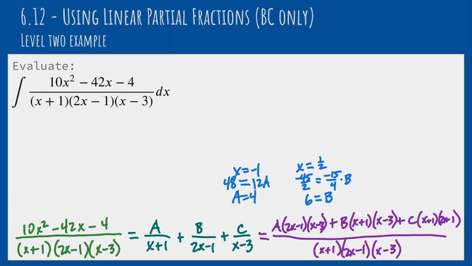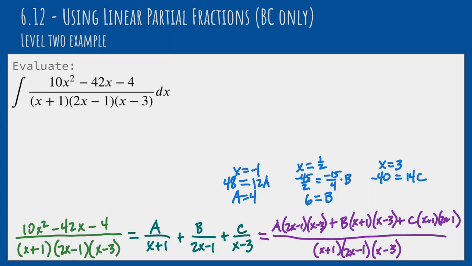Okay, last one, we're going to say x equals 3. So for x equals 3, we're going to have 10 times 9 is 90, minus 126. So we're at -36, minus 4 is -40. And then we're looking at this one. So we're going to have C times -2, and then -7. So 14C.